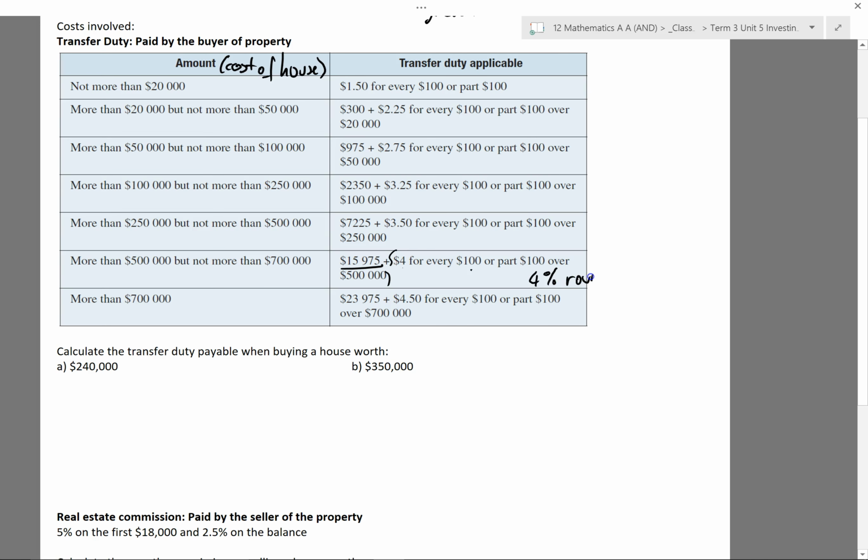Okay, and we're rounding up to the nearest $100. Okay, so if my property was $500,001, the duty would be 15975 plus 4% of $100, because there's $1 above 100. I'll round it up to the nearest 100.